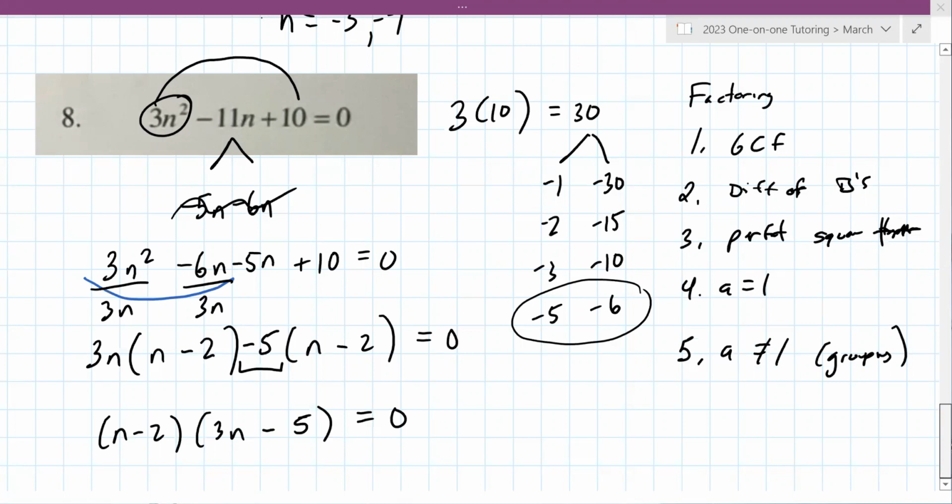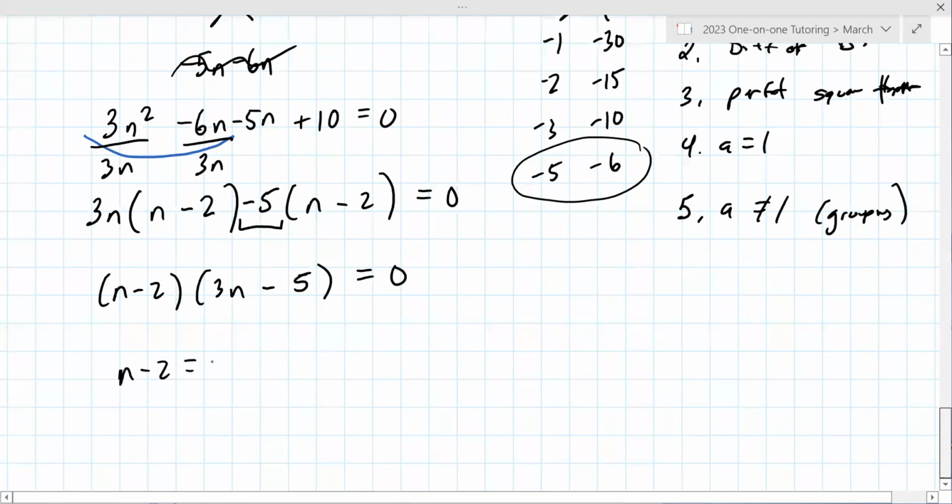So now you set each of those equal to 0. You set n minus 2 equal to 0, 3n minus 5 equal to 0, and you solve each of those.